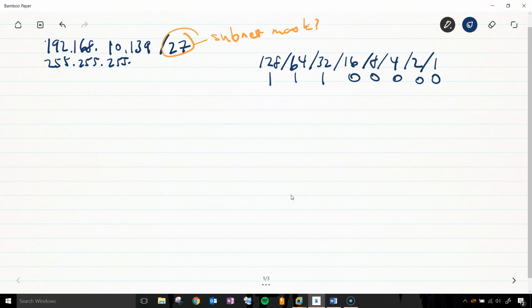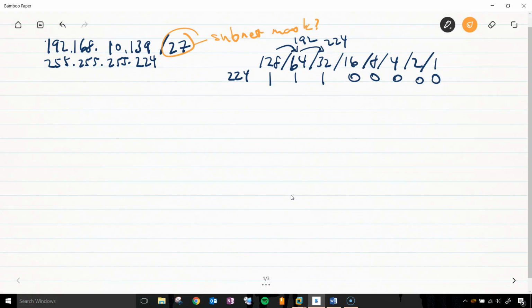And we convert that, that's 128 plus the 64 gives you 192 plus 32 gives you 224. Right? 224.